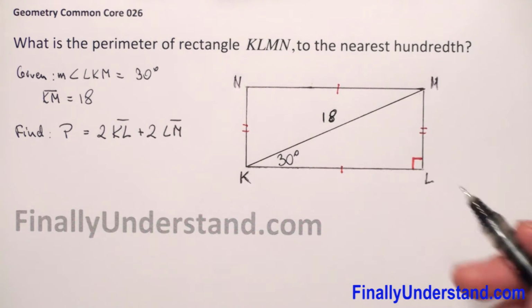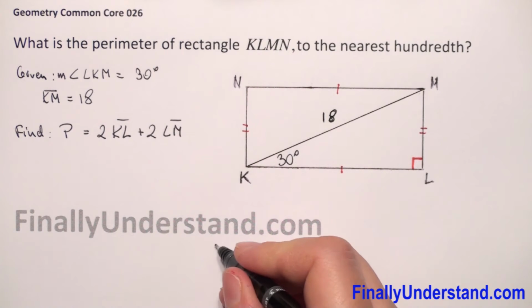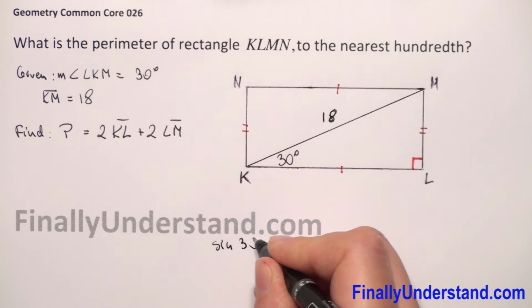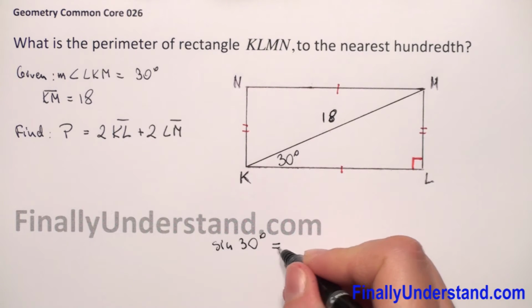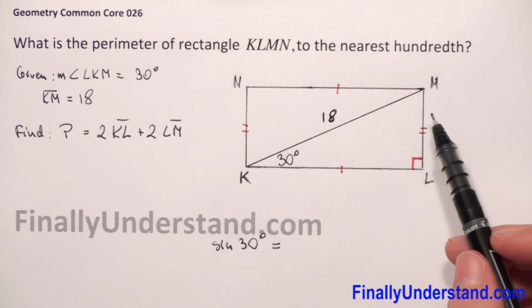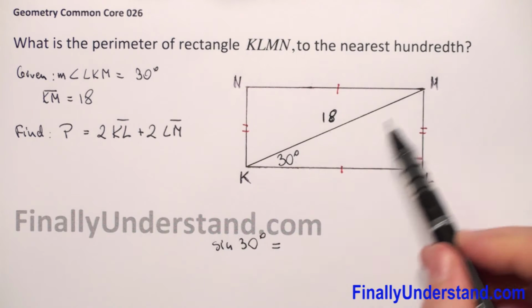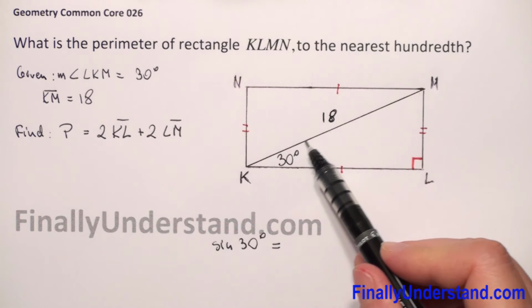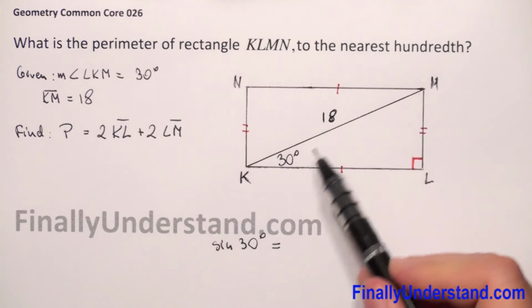First, we will use sine of 30 degrees. What it is: length of the leg which is opposite our angle, to length of the hypotenuse.